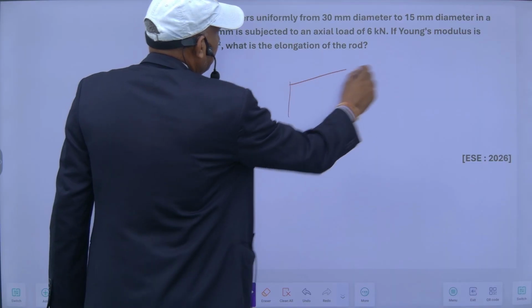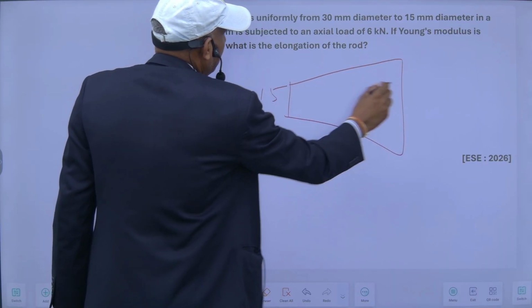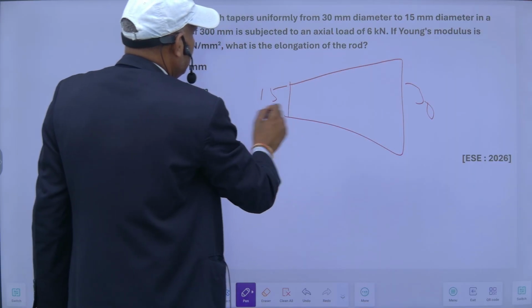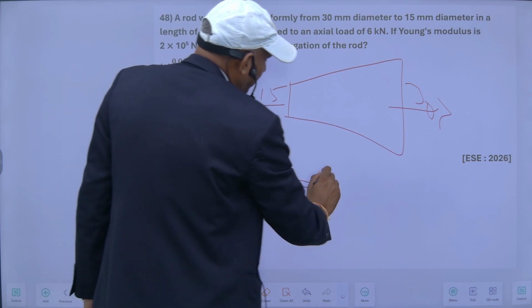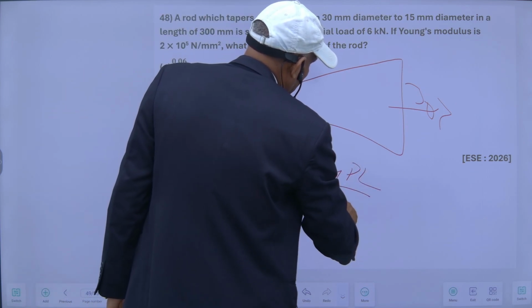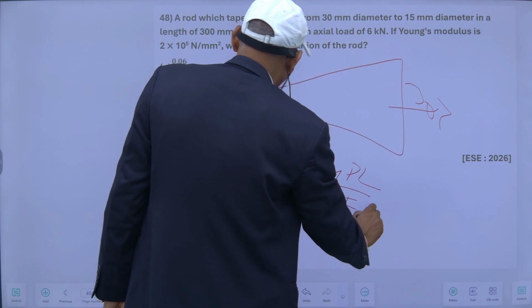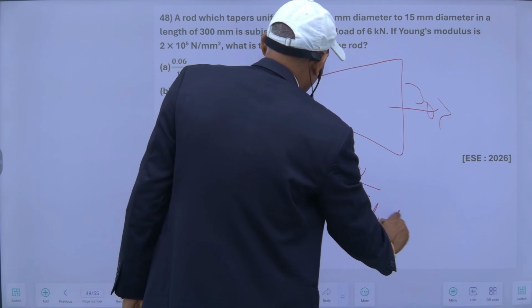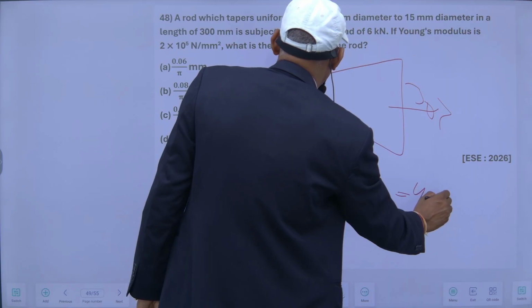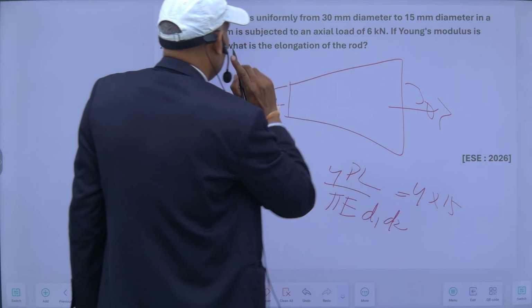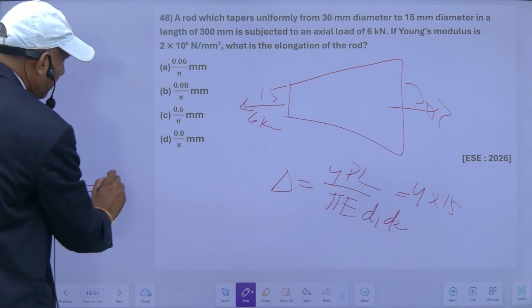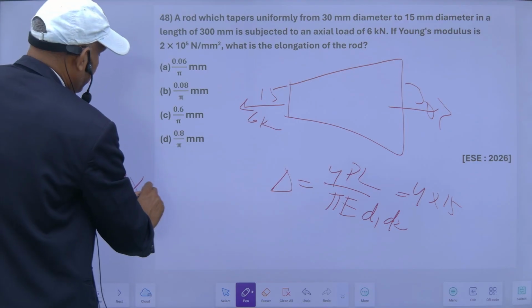It's tapering. This is 15, it is 30, and this load is 6 kilonewton. So simply delta is 4 PL upon pi E d1 d2, means 4 into this 15. So in this case load is 6 kilonewton.